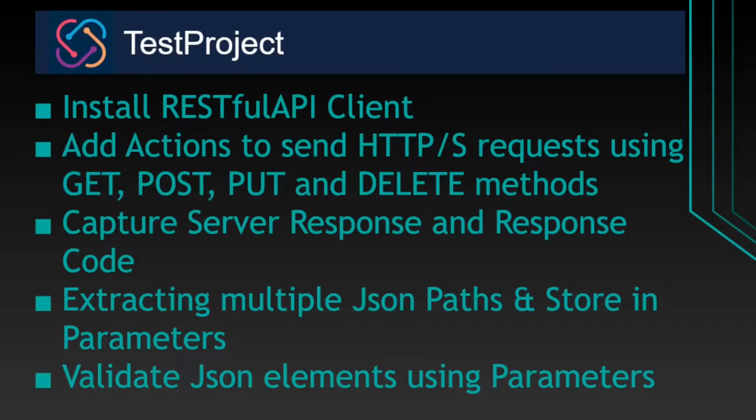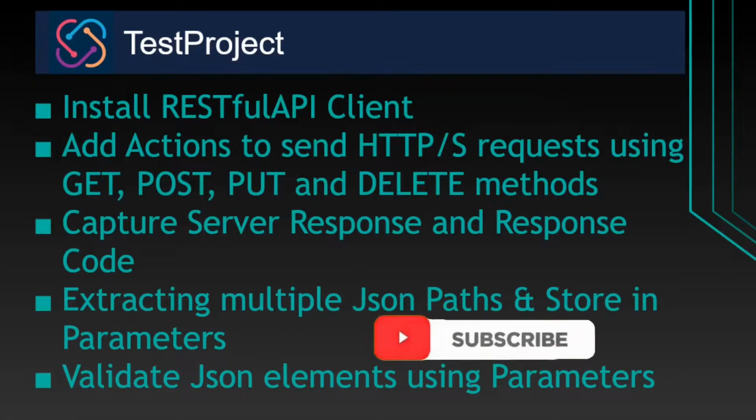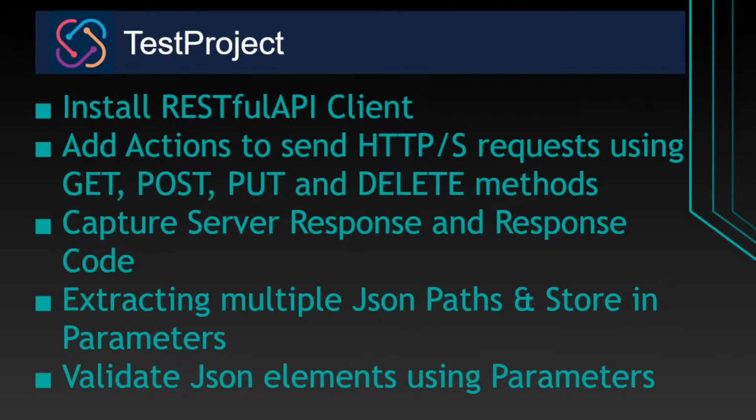Let me jump onto the system and show you all these concepts and techniques: how we can perform them by using TestProject, and how we can validate end-to-end API by using TestProject.